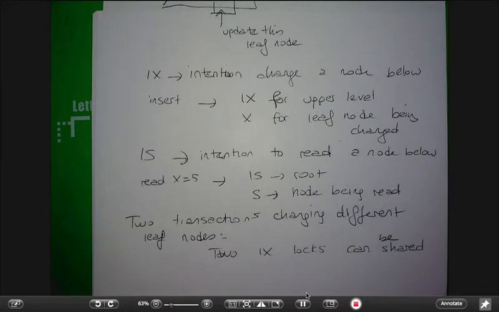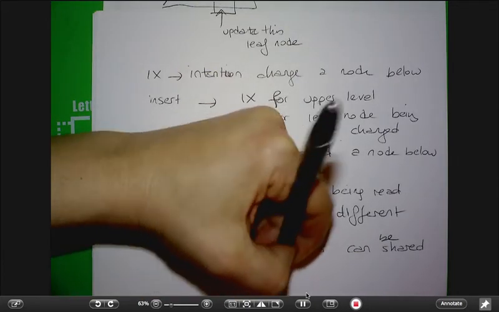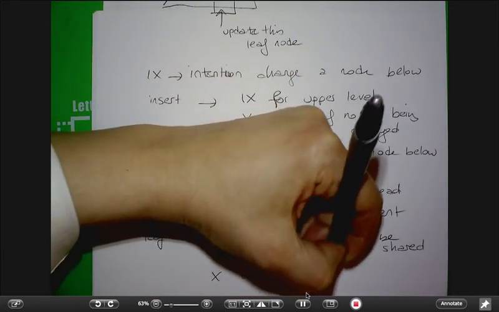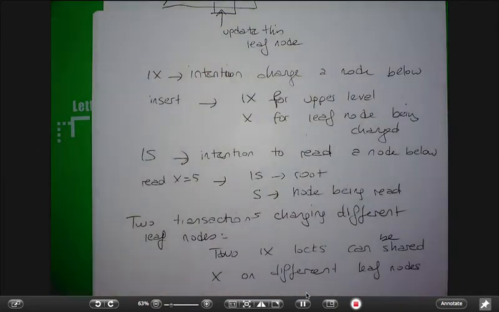So you can have two IX locks and X on different nodes. So basically, you will see lots of schemes where you change the kind of lock you have so that you can allow more transactions to go in.